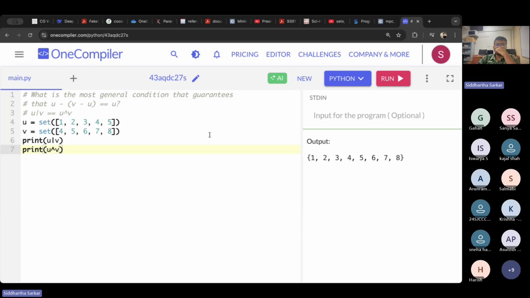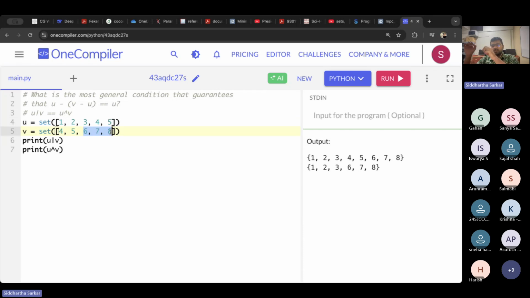So let's see what U caret V is. Okay, so symmetric difference. That means only those numbers which are exclusive to U, 1, 2, 3, and those numbers which are exclusive to V, 6, 7, 8. So that is the symmetric difference.